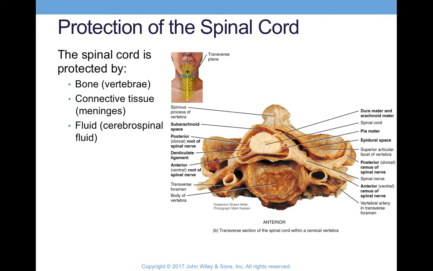So here we see the vertebral column providing a bony protective covering of the spinal cord, we also see the meninges. The meninges are protective, and there are 3 connective tissue coverings that run continuously around the spinal cord and the brain.